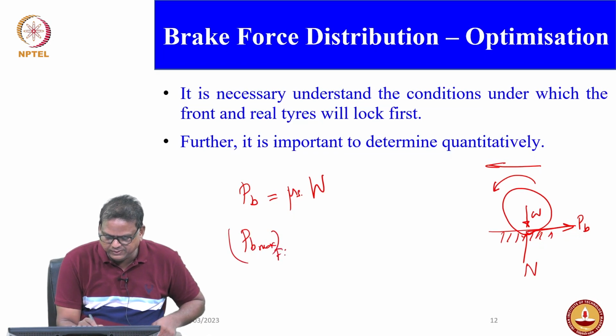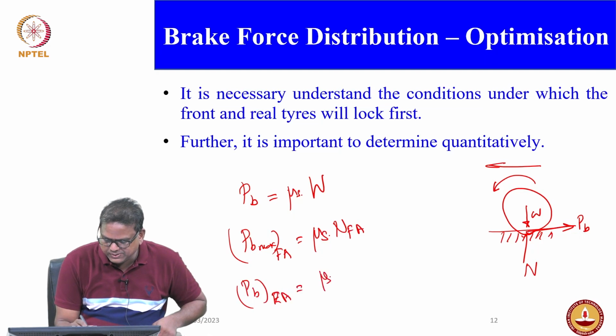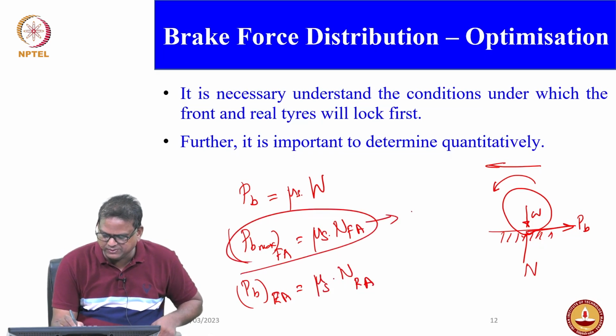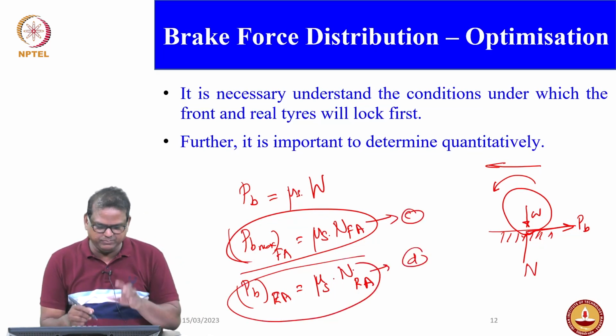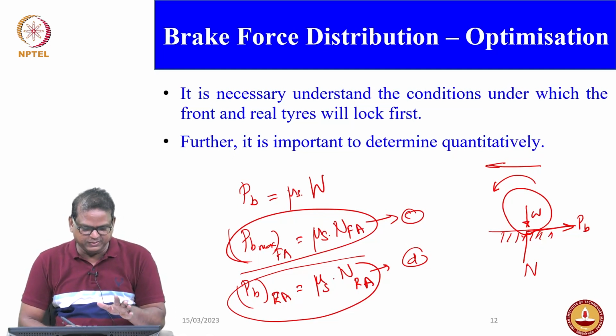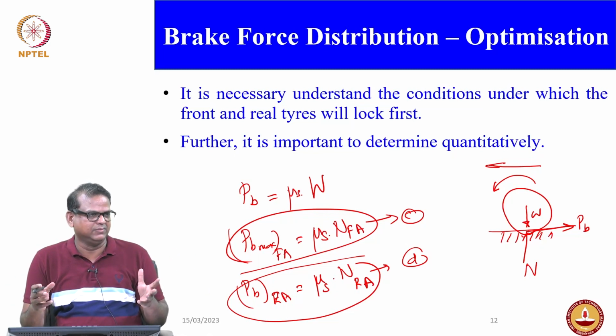So obviously we know that PB max for the front axle depends upon mu s into N FA, and PB max for the rear axle is mu s into N RA. So we have these equations, maybe you can call them C and D. In these terms we have PB max and N FA, N RA. Both we need to bring in with respect to the deceleration aspect.